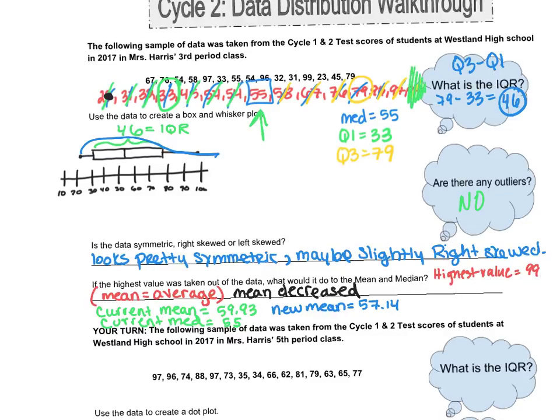So if I took off this data right here, this is going to shift left a little bit because the middle is going to be shifted to the left a little bit. And so my new median became 54.5. It didn't shift that much, but it did go down. So my mean decreased and my median also decreased.